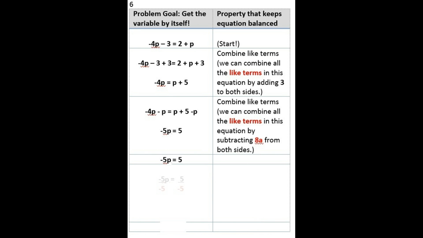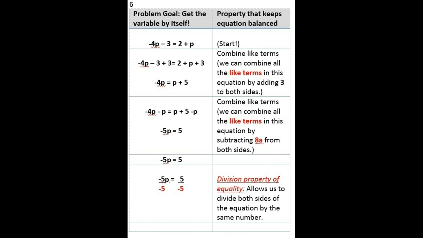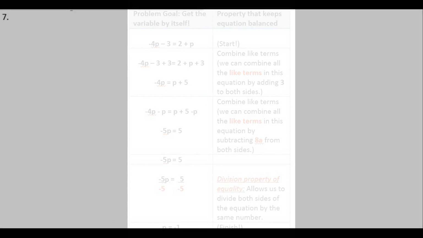Now, again, we've got a basic division operation that we're going to use to solve it. Negative 5 times something equals 5. Simply divide both sides by negative 5. That's the division property of equality. And p equals negative 1. And don't forget to plug in your answers to check your work. You can always check to see whether you're right or wrong.